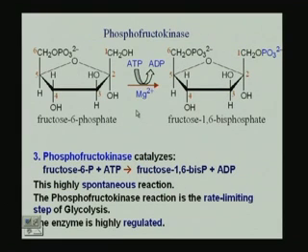Third step. Look at what is happening. We had fructose 6 phosphate go to fructose 1,6 bisphosphate. So, what is happening? I have the addition of another phosphate at the 1 position. So, what is the enzyme that I need? A kinase.